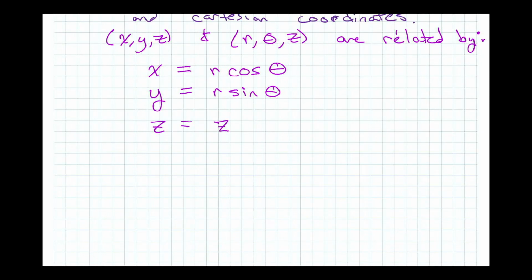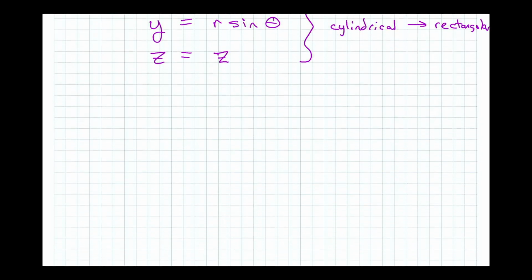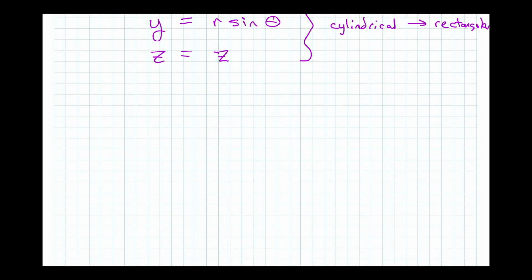It is just z. Okay. So these get used to go from cylindrical to rectangular. But then there's more because sometimes you have to go the other way around.